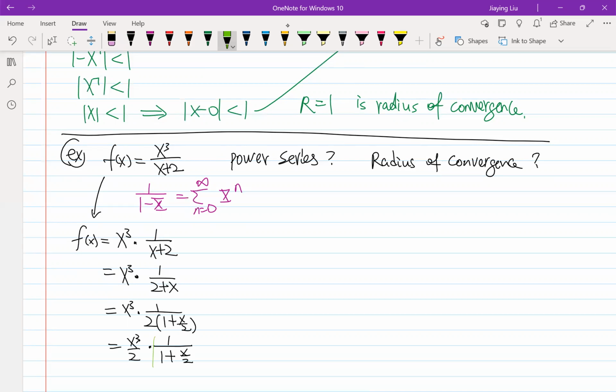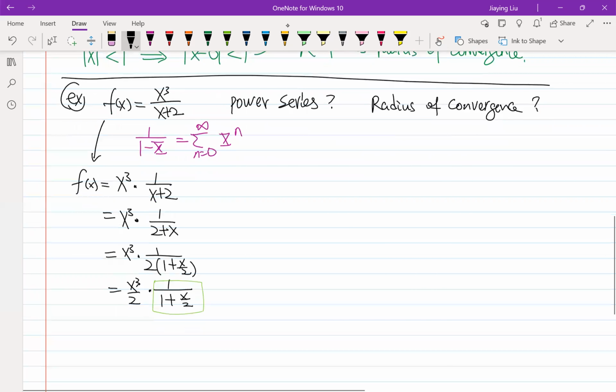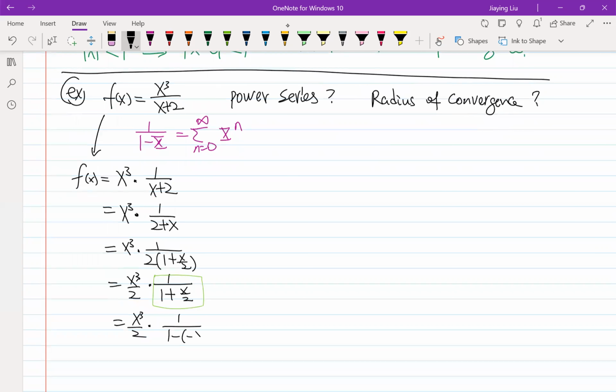By looking at this part, we're pretty close, right? Except that now we have addition instead of subtraction, but that's an easy fix, similar to what we did in the previous example. So this plus, I'm going to write as a minus. So I have x cubed over 2 times 1 over 1 minus negative x over 2.